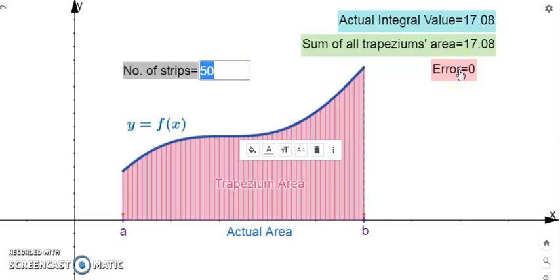And this is the idea of what is going on when we use the trapezoidal rule to approximate a definite integral. This application is especially useful when the integration is very tedious to do. For example, integrating ln x, where to calculate the definite integral we need to use integration by parts, and the calculation is quite long.